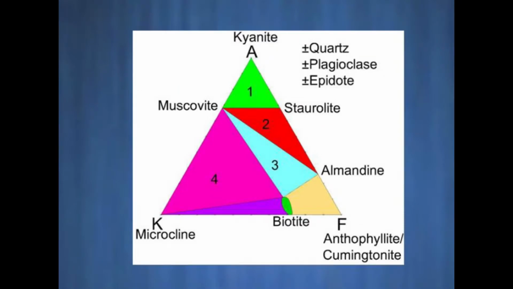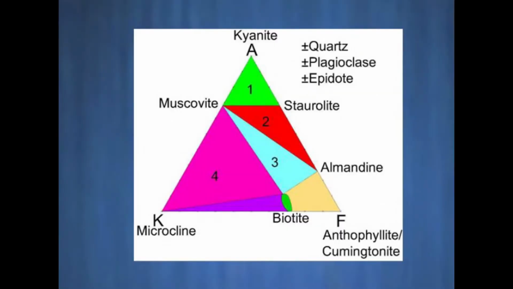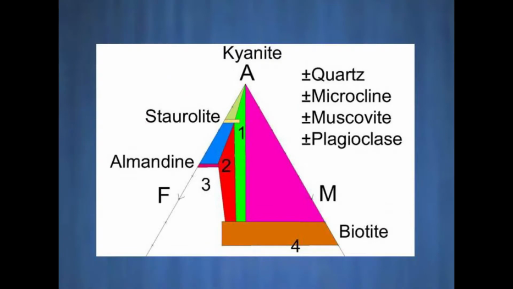The sixth assemblage is almandine, biotite, muscovite, plus or minus microcline, plus or minus plagioclase, plus or minus quartz, also known as almandine-biotite schist. Seventh is biotite, muscovite, microcline, plagioclase, quartz, also known as biotite schist. Eighth is muscovite, almandine, biotite, epidote, plagioclase, quartz, also known as muscovite-biotite-garnet schist.